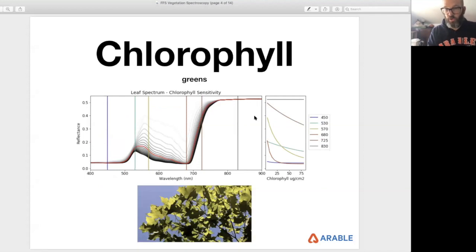So, what does chlorophyll do to the leaf spectrum? Okay, so it's impacting basically this range in the visible, and it's not absorbing light out here in the near infrared.